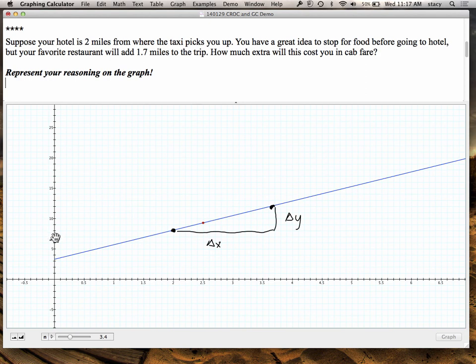Yeah, so this value, this y value here, is c of 2, right? And then the y value up here is c of 3.7, right? And then this was 2, and this was 3.7.